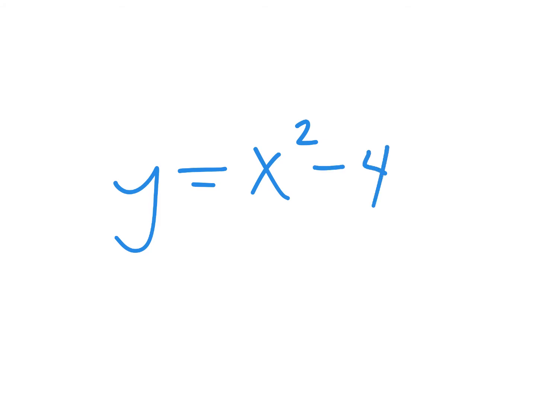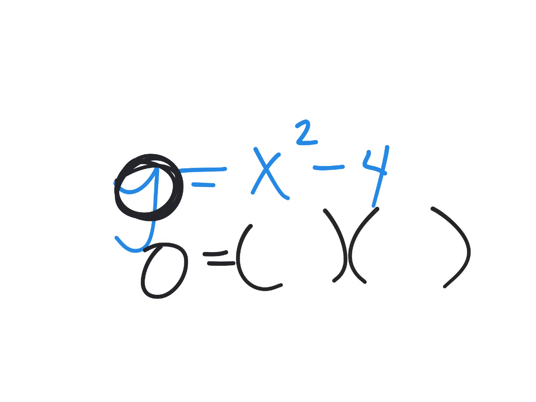I'll give you another one. Y equals x squared minus 4. What's the x-intercept of that? Immediately, I hope your brain kicked in and said, oh, that's where y equals 0. And you put a 0 here. But it doesn't become instantly clear. But if you can factor it, you should. If you can factor it, you should.